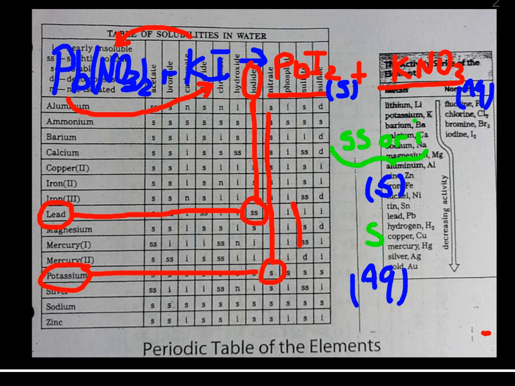And as I talked about today, it turns out the potassium iodide was obviously aqueous because I had to start off with 2 aqueous solutions, so these are all aqueous.